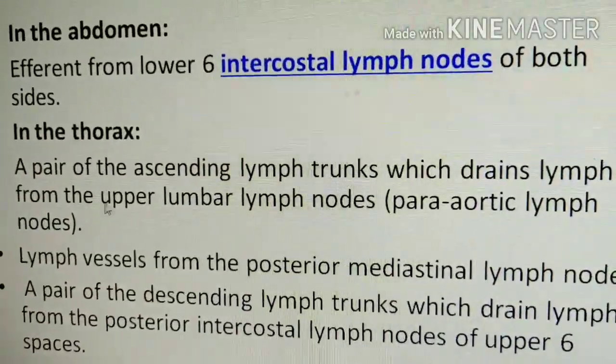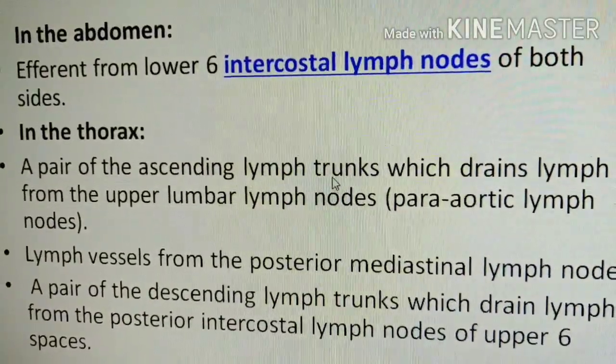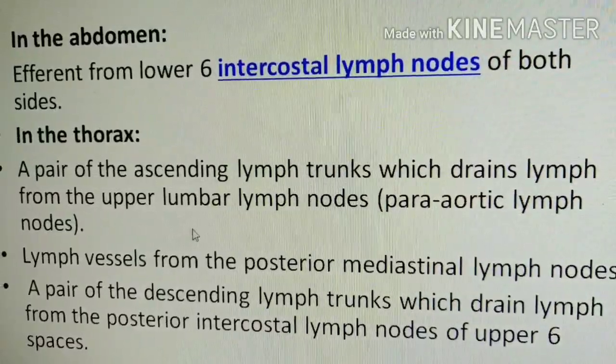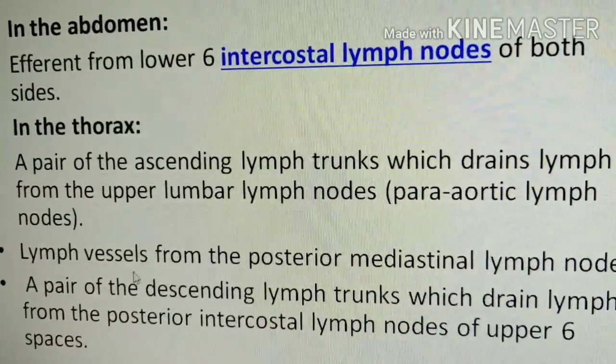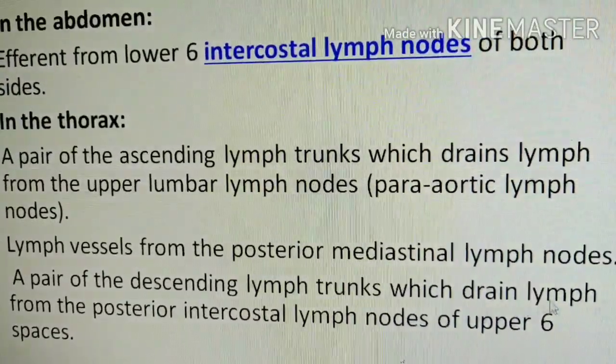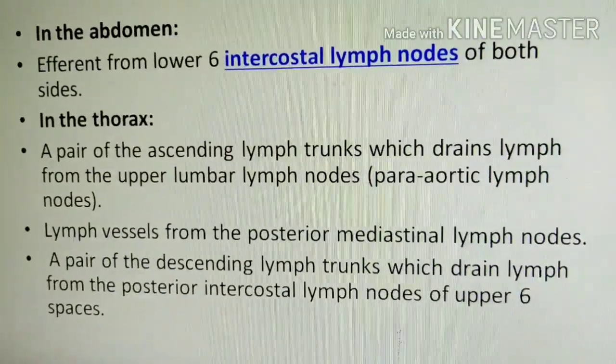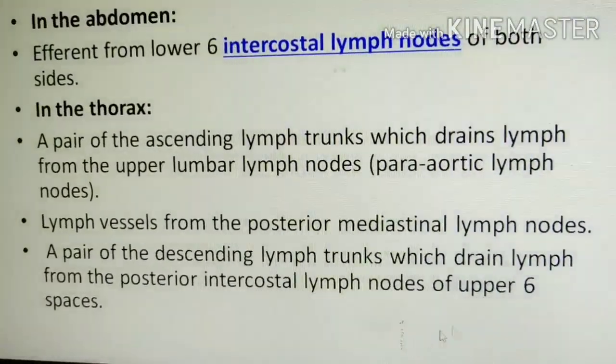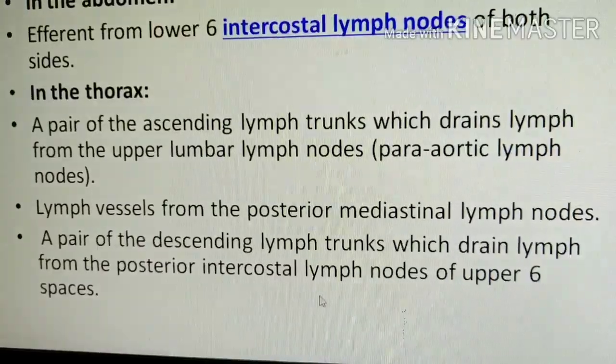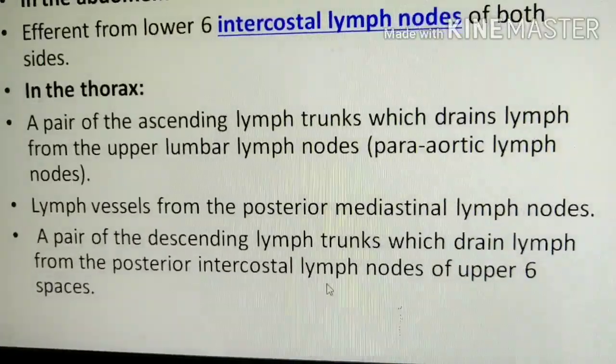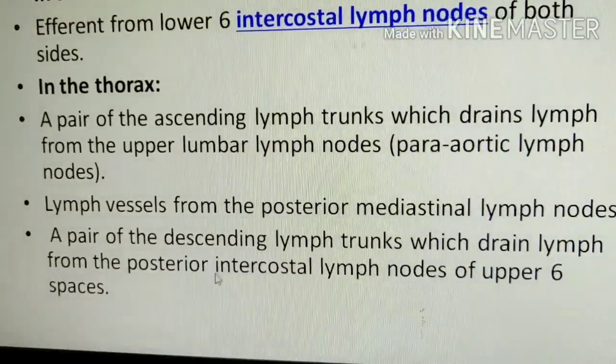In the thorax, a pair of ascending lymph trunks drain the lymph from the upper lumbar lymph nodes, lymph vessels from the posterior mediastinal lymph nodes, and a pair of descending lymph trunks drain lymph from the posterior intercostal lymph nodes of the upper 6 spaces.